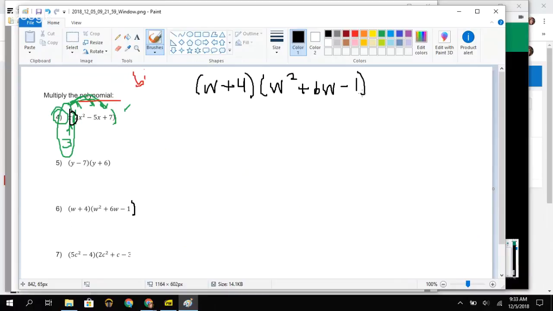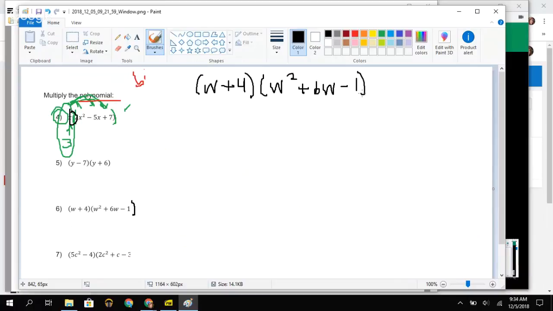Can you use FOIL for problem number 6? So the answer is no. Wah, wah. All right, so we can't actually use FOIL.